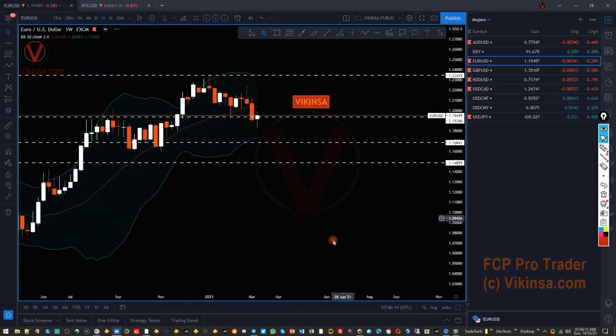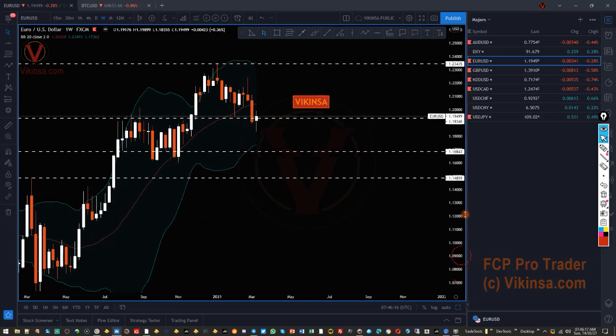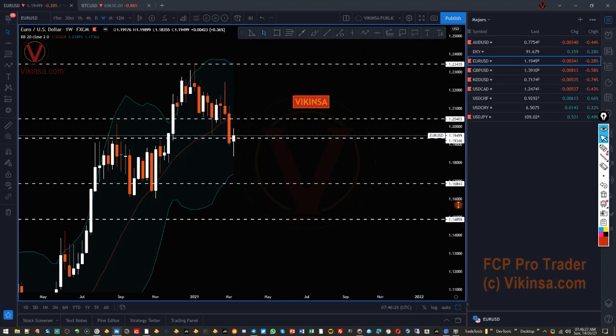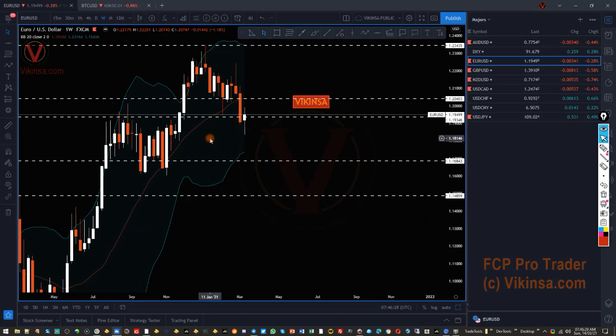On the monthly time frame, I can expect the market to go all the way back upwards to the 1.20403 level here, and this is also creating an M pattern here, so the market can actually fall back down.